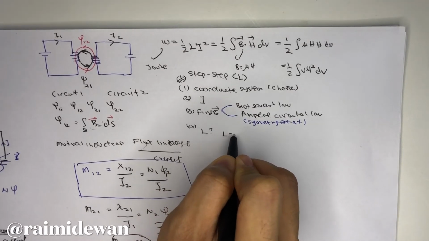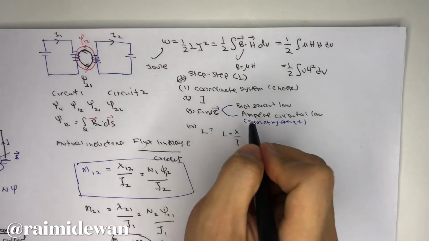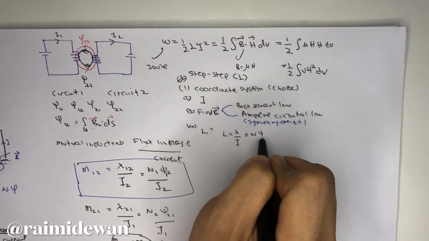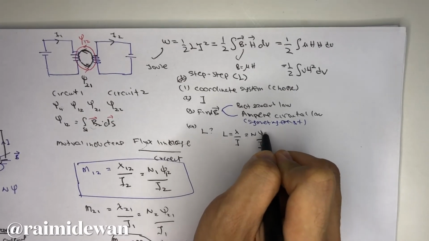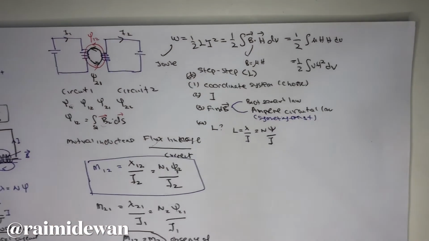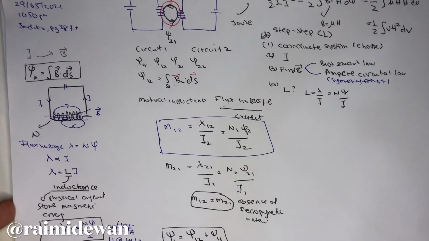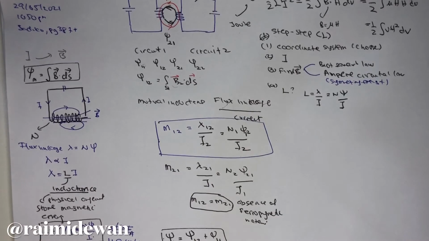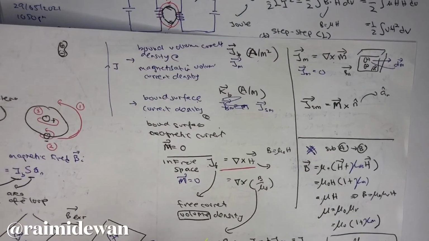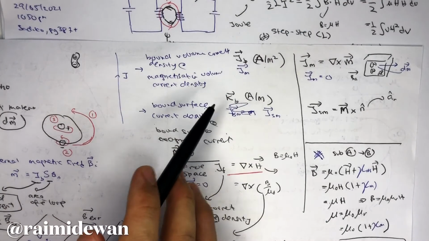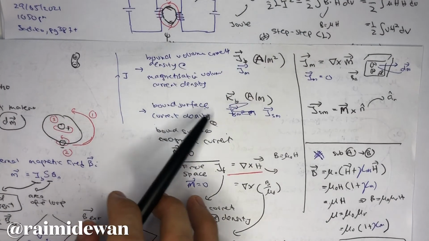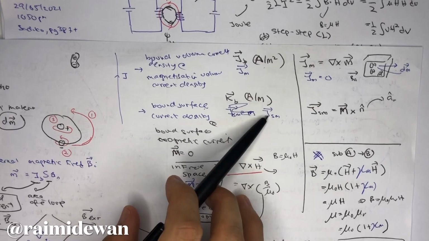It is from L equals to lambda over I, and N flux over your I, okay? I would like to remind that maybe the slide and the book may have different ways of expressing, but they belong to the same thing. Just like in Sadiku, it is using JB, okay?